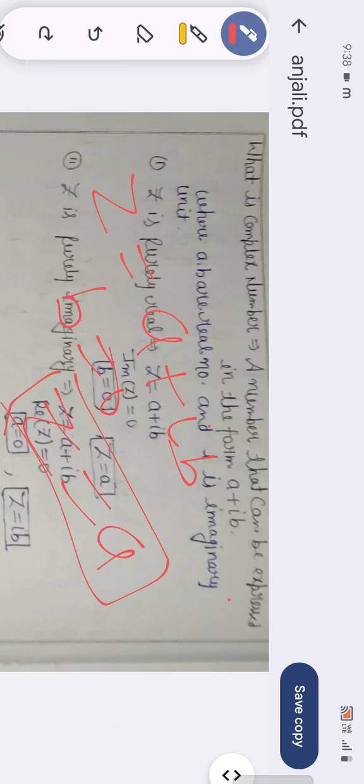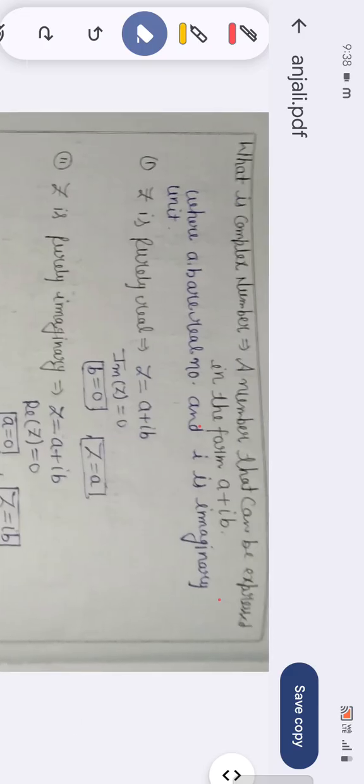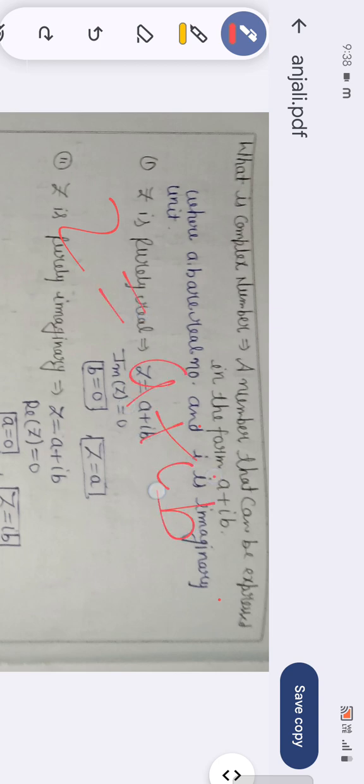Is it clear? Similarly, if in z equal to a plus iota b we take a equal to 0, then z will be iota b, and this is purely imaginary, because in this equation there is no real number.